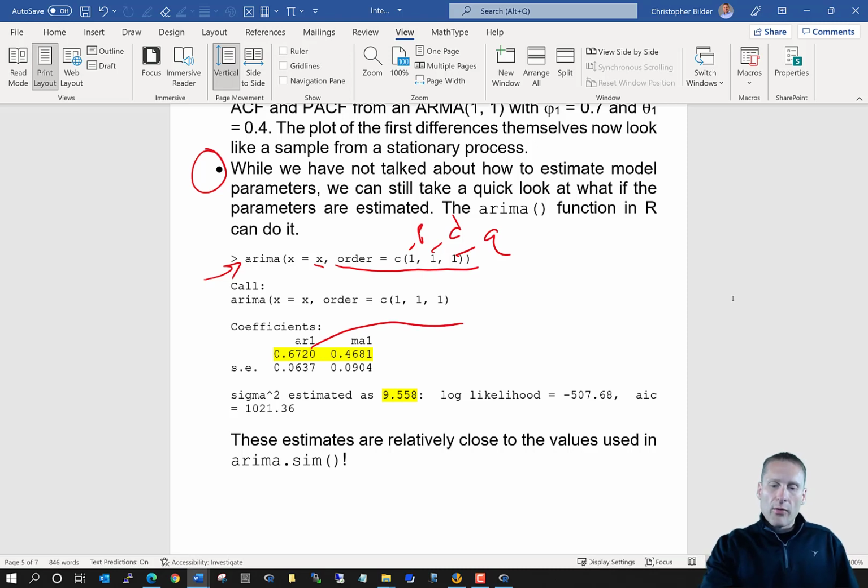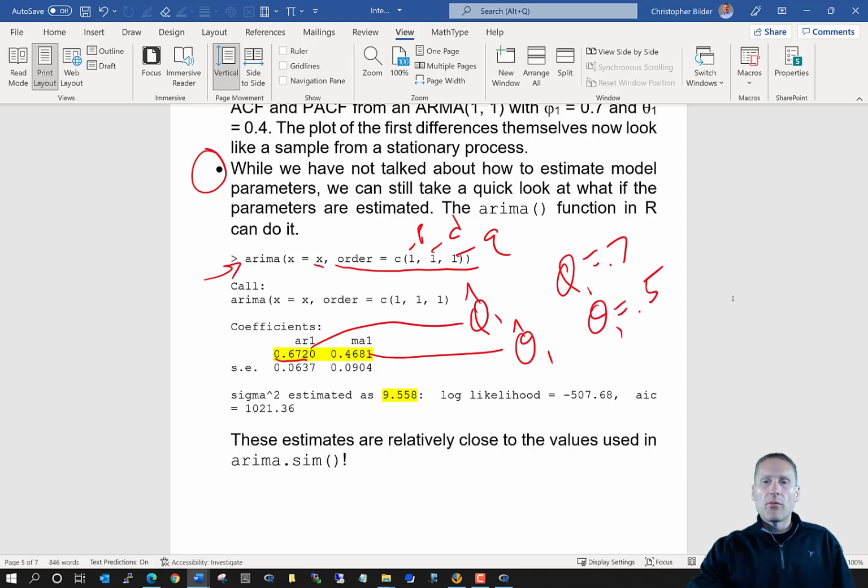The first row of the coefficients table corresponds to phi hat 1. Remember that phi 1 was 0.7, and we get something that's really close to it. Also, here we have our theta hat 1. Remember, theta 1 is actually equal to, I'm sorry, 0.4, and still we're relatively close as well.